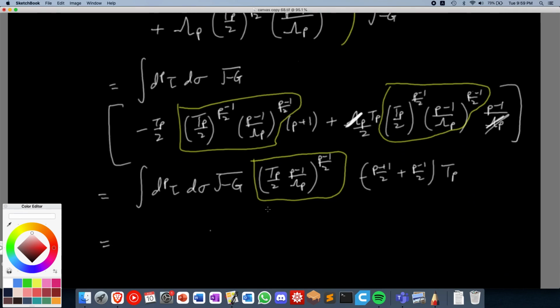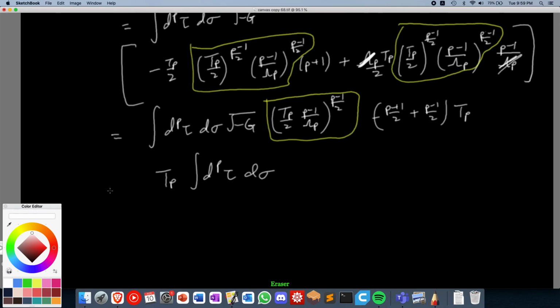Okay, wonderful. So right now tp factorizes out, right? Besides tp there are also more factors, so there's tp over lambda p, (p minus 1)/2, (p minus 1)/2, and then there's also minus p plus (p plus 1)/2.